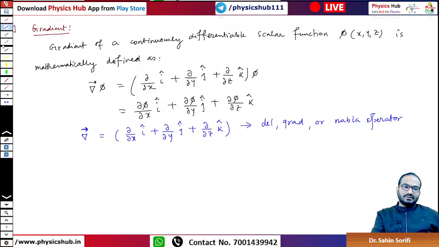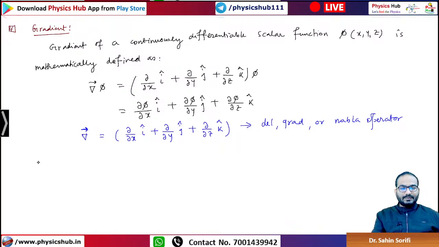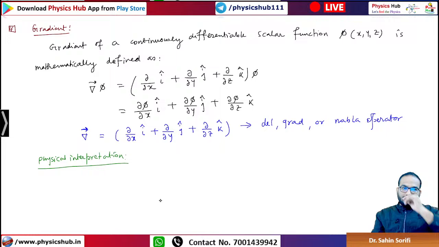Now let's quickly write the physical interpretation as well. This is not important for your NET exam purpose, but may be helpful in interviews. If you talk about grad phi, what does it basically represent?